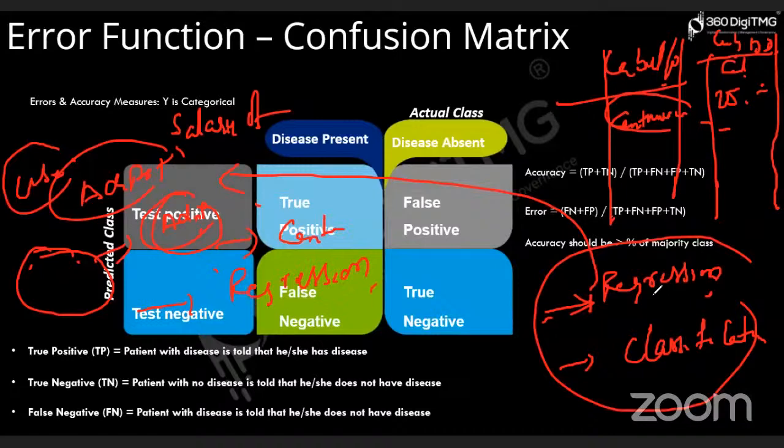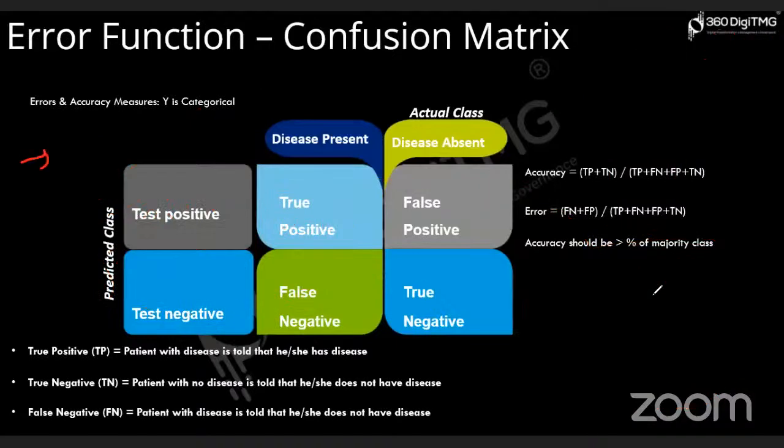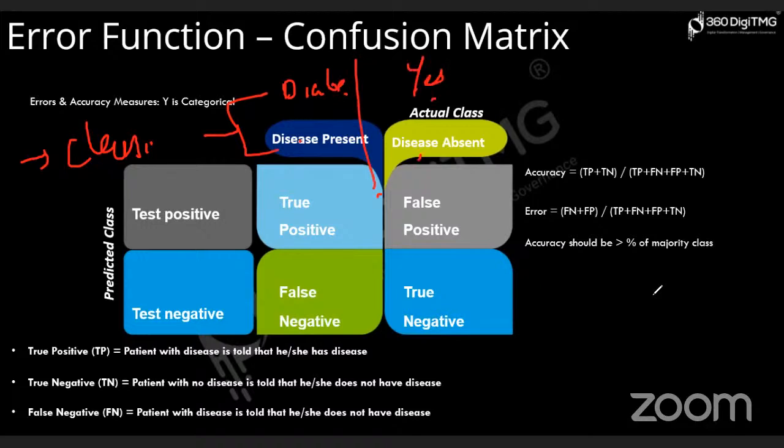When the output column or label column is in continuous form, then we will be going for regression. In the same way, for classification, let's say whether that particular person has diabetes or not. In that case, what could be our output? Yes or no. These are our predictions or classes. In that case, we should go for classification.